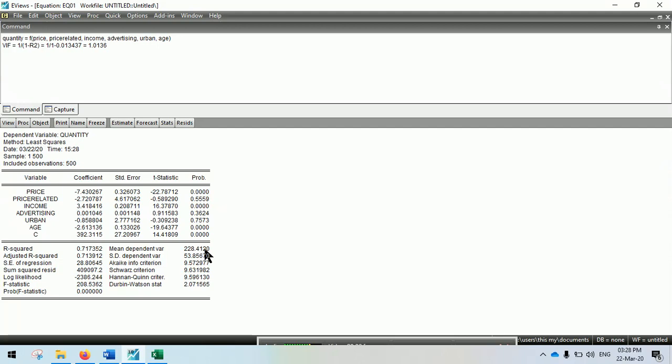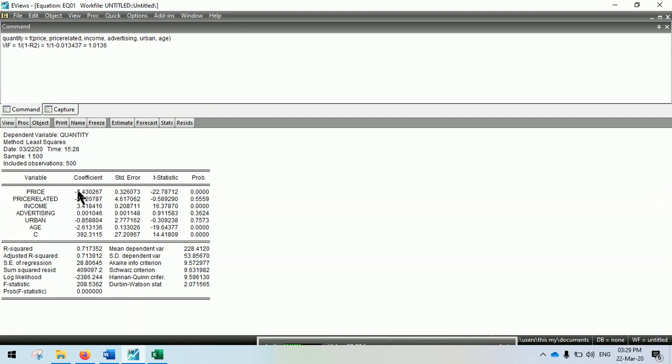Now we can interpret our result. I can say that price is significant and the coefficient is negative. It must be, because the relation between price and quantity is negative. If the price increases, quantity decreases. If price decreases, quantity increases. If I found here the sign is positive, that means my model is totally wrong. It doesn't make sense.